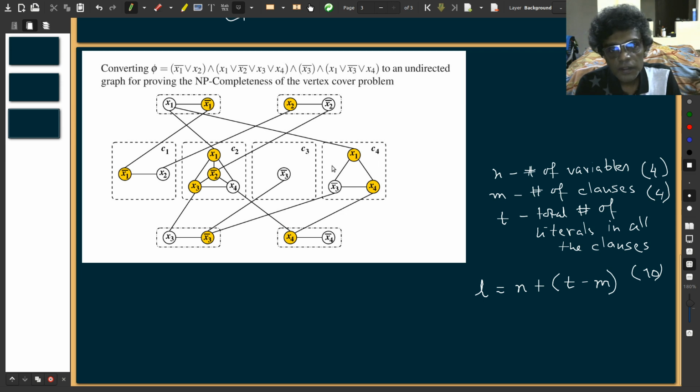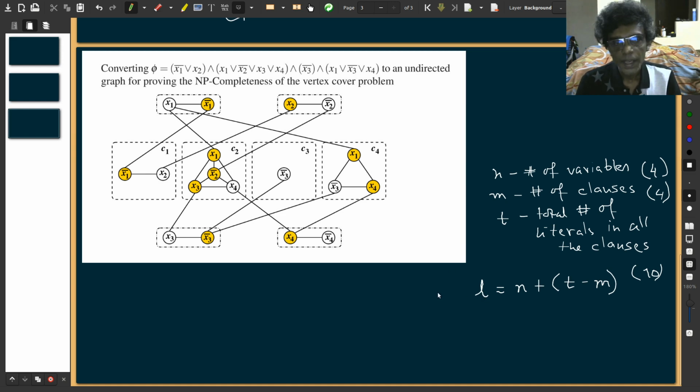Total number of literals is T and there are M clauses, so T minus M. So one thing is obvious, a vertex cover of size L must consist of one vertex from each of these variable gadgets, and if a clause gadget has S vertices, S minus 1 vertices. Otherwise, I cannot reach L.